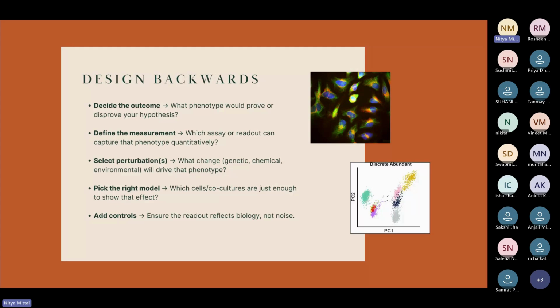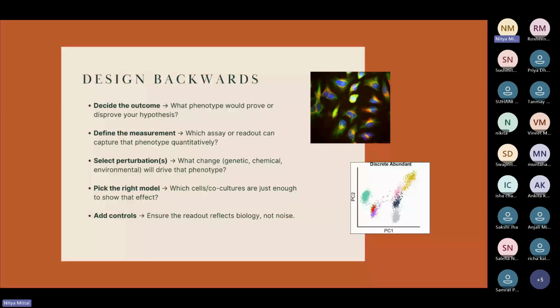For example, if I want to know whether stress kills neurons, my phenotype becomes survival, right? Everything else, the cell choice, whether to do a co-culture, make a cell village, or to introduce perturbation, should serve that phenotype, right? This keeps our experiments focused, efficient, and also reproducible.